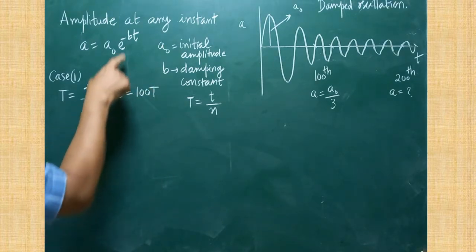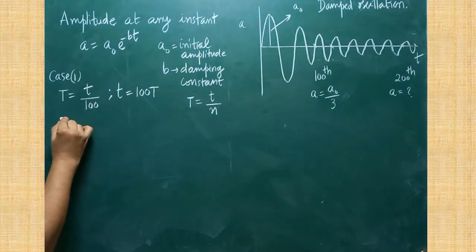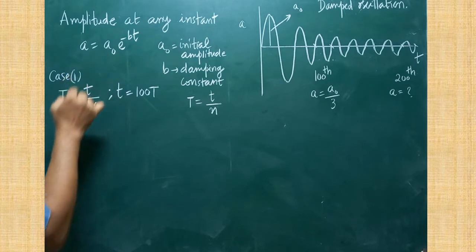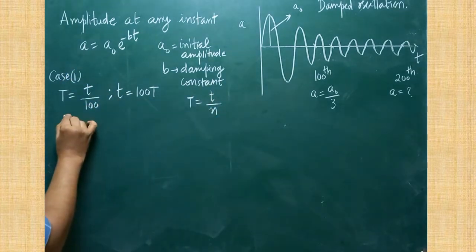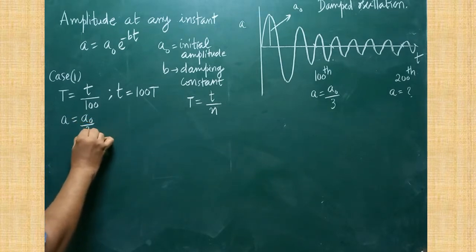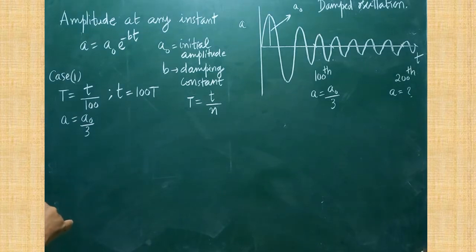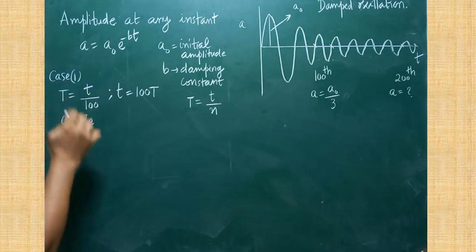Now this t can be substituted here for 100 oscillations. Here, how to calculate A? Already it is mentioned. A is A0 by 3. This is the amplitude after the completion of 100 oscillations. Are you clear? Substitute A and t in this formula.